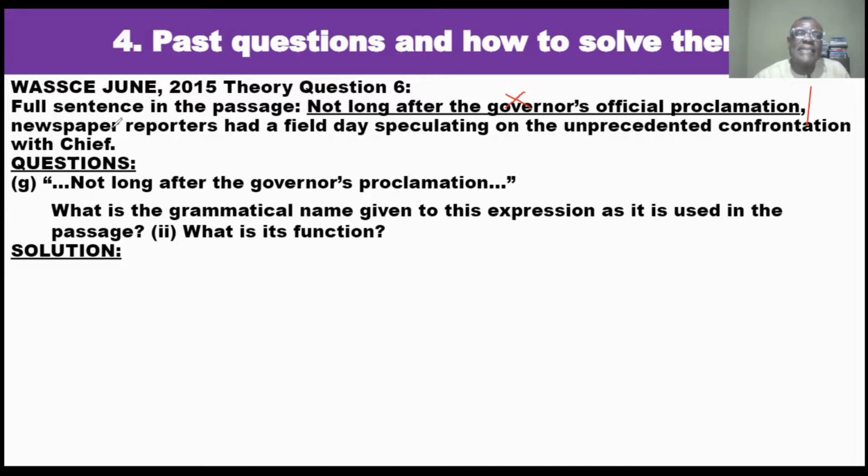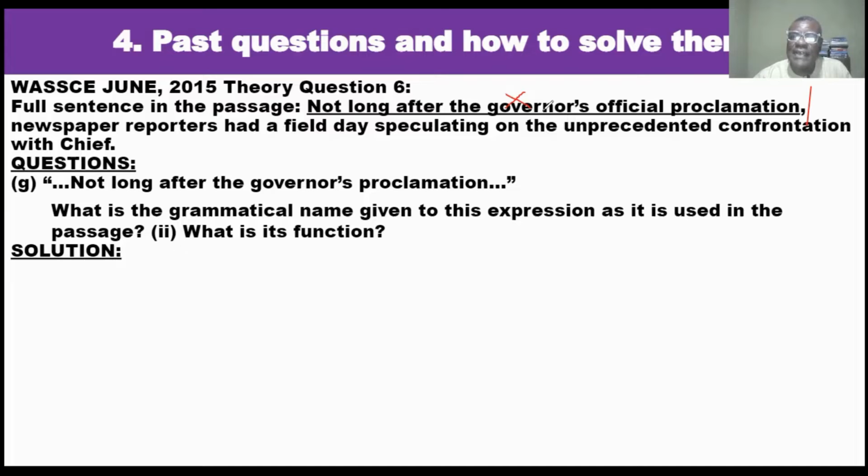Now, when did the newspaper reporters have a field day? Where? Why? How? You know, these are possible questions. Now, since we have ascertained the questions, we go back to the given expression and examine it critically to find out the type of answer it can provide to any of the questions.